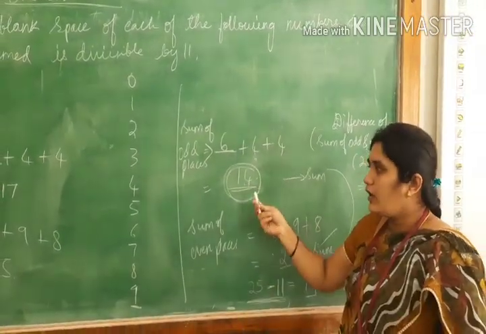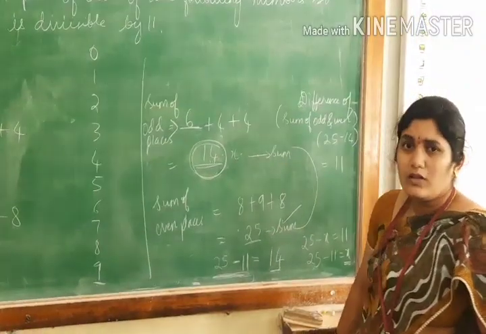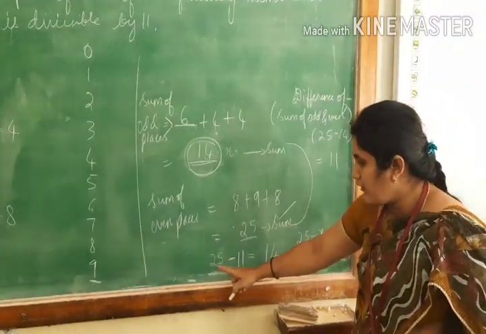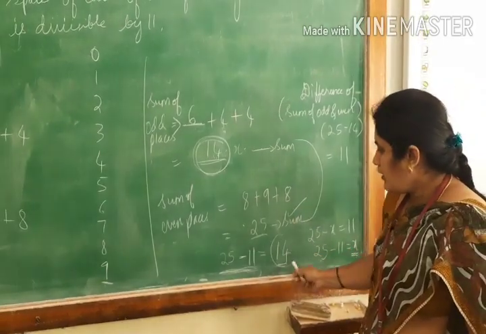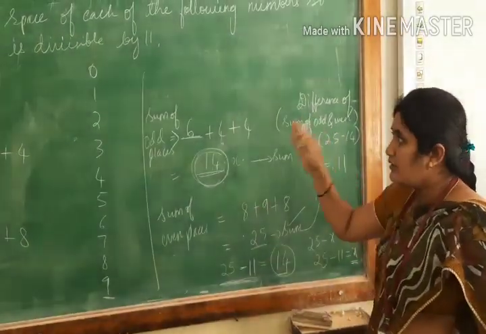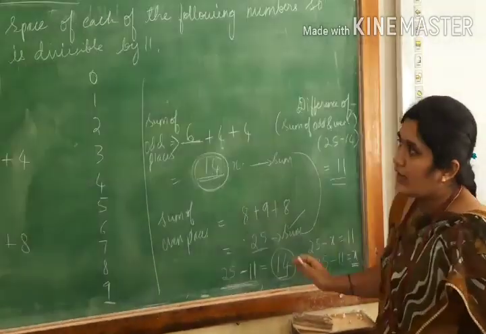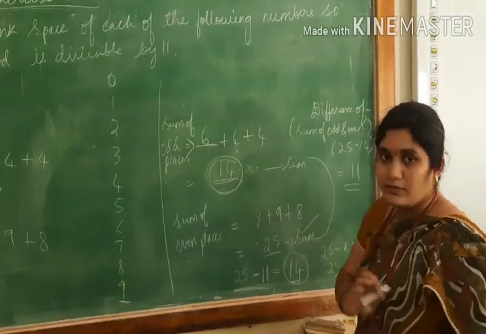If you want to get the unknown sum, you can place x, and later replace it by showing 25 minus 11 is equal to 14. Why? Because if you fit this 14 here, these two sums will give you 11. By seeing this 11, we can say that the given number is divisible by 11.